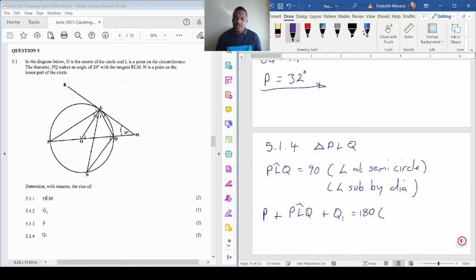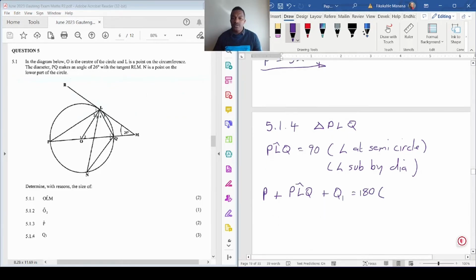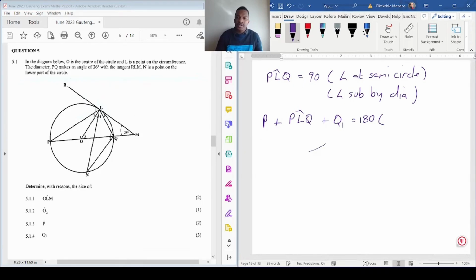And the reason is, what's the reason? That is correct. You said it correct. It's the sum of angles in a triangle.